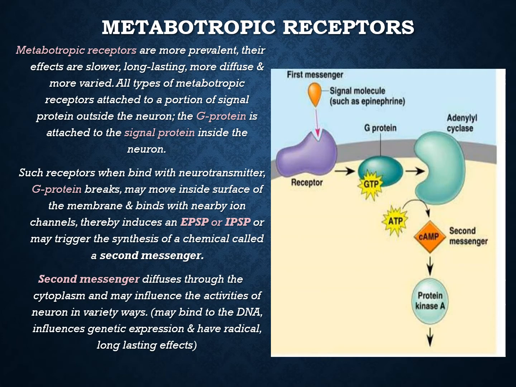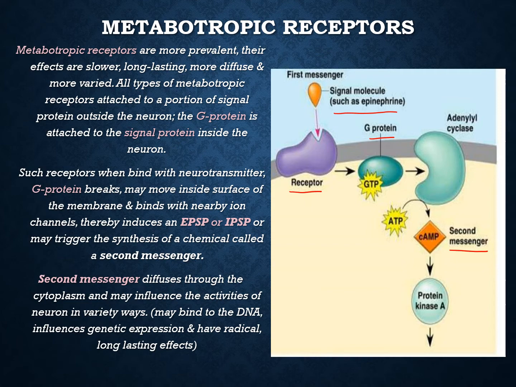Now, metabotropic receptors. The diagram shows the receptor, the G protein, the second messenger, which we will cover later, and the signal molecules. Metabotropic receptors are more prevalent. Their effects are slower, long-lasting, more diffuse, and more varied.